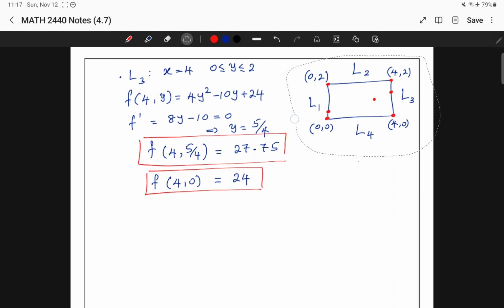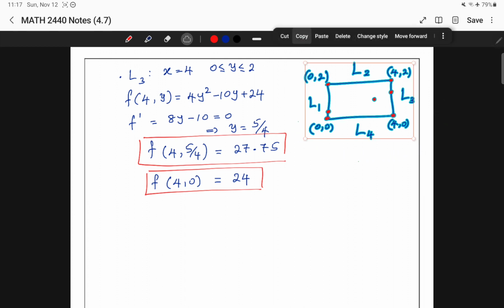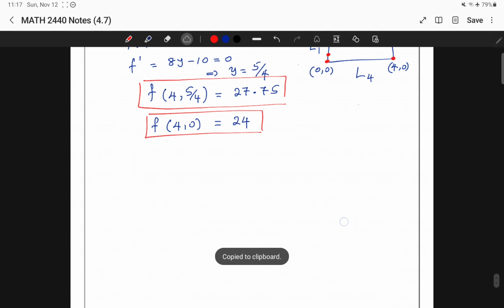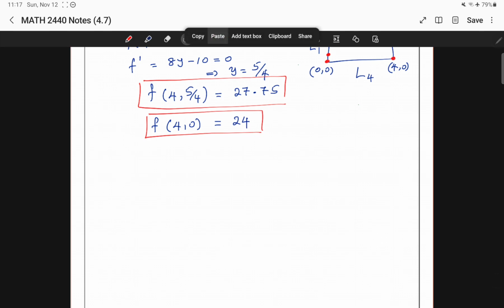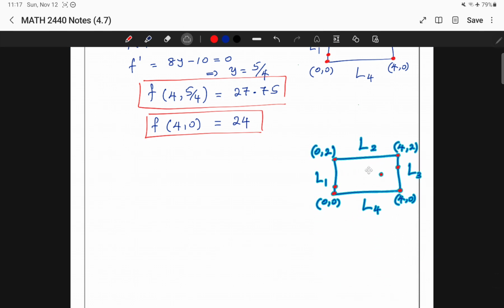Let's deal with L4. It is a horizontal line where the y value is 0 and x is in between 0 and 4.